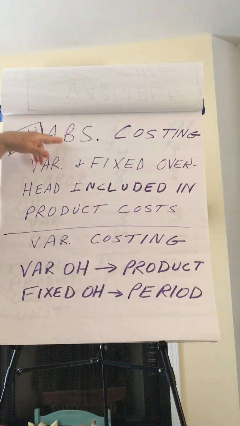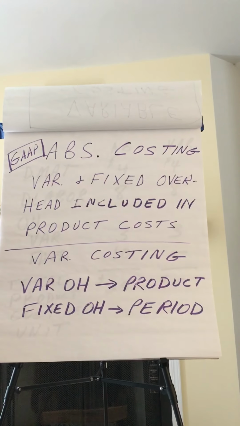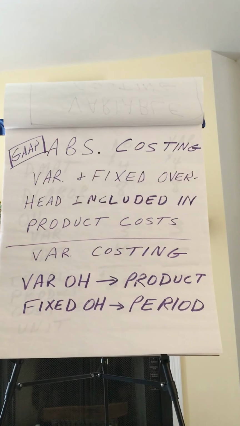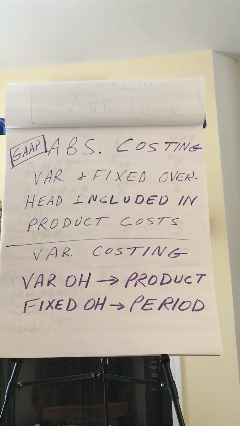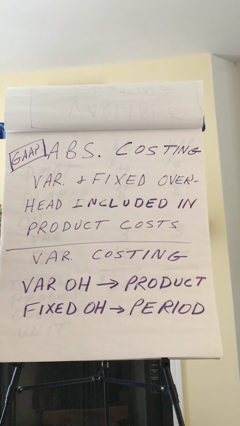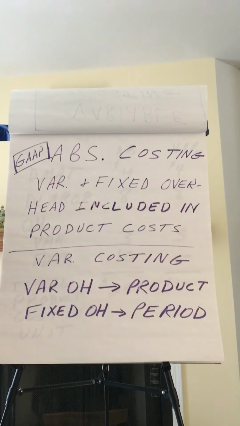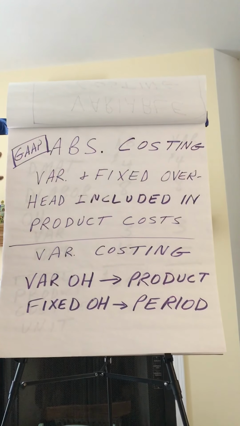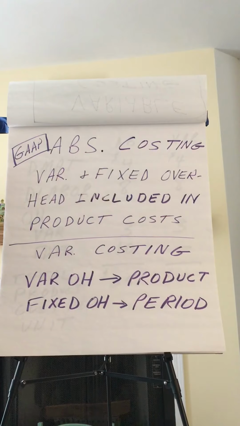Okay, as mentioned, what we have is generally accepted accounting principles. That's what we would use for balance sheet, income statement, etc. So when we look at this, we're going to look at variable and fixed overhead, and they're included in product costs for absorption costing. So they include everything, right?